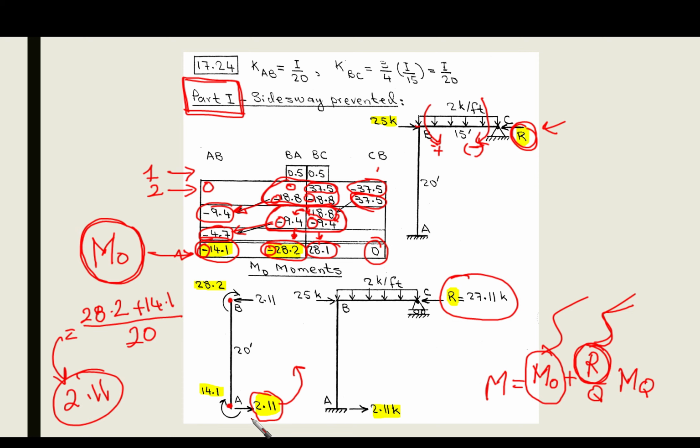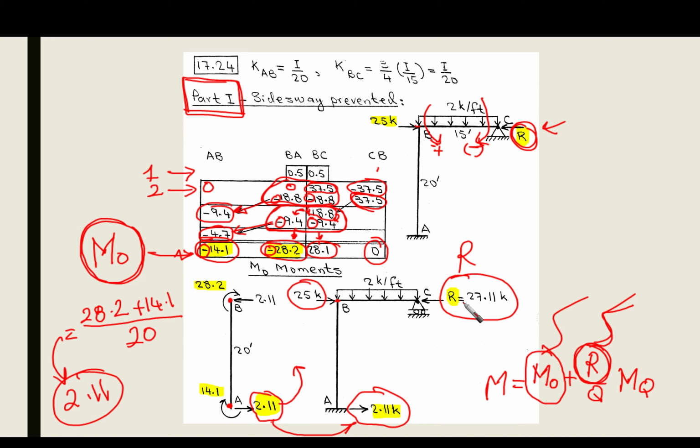This is important for us because we are going to put it here in the system with everything in its position, but we have R here. We want to calculate the value of R. We found that this 2.11, which is the shear at the bottom of column AB, is heading to the right, and we have the original loading, which was 25K applied at point B. Both of them are going to the right.